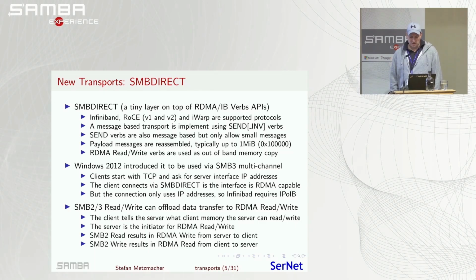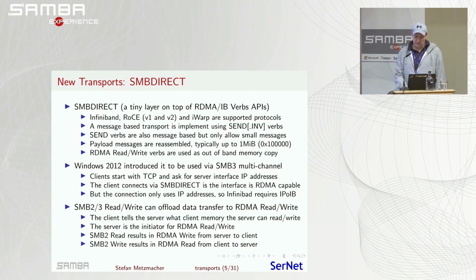As I said before, the read and write operations can offload the data transfer to RDMA read and write operations, which makes it much more efficient for client and for server. Basically more on the client, but the server reads and writes directly into the client's memory.